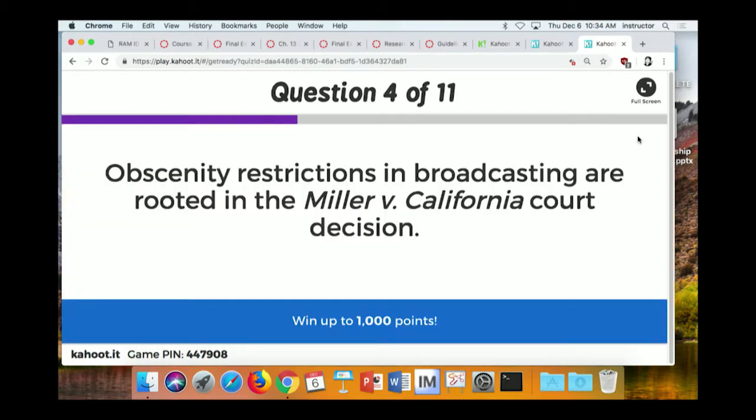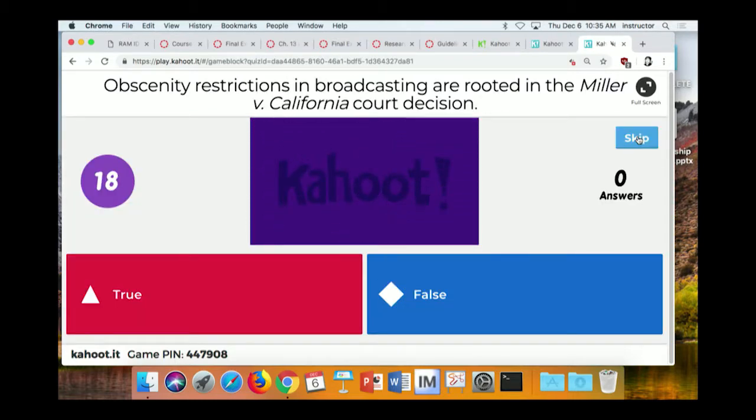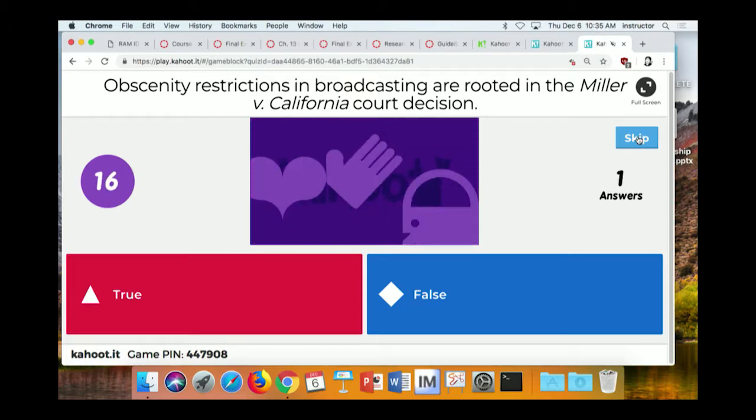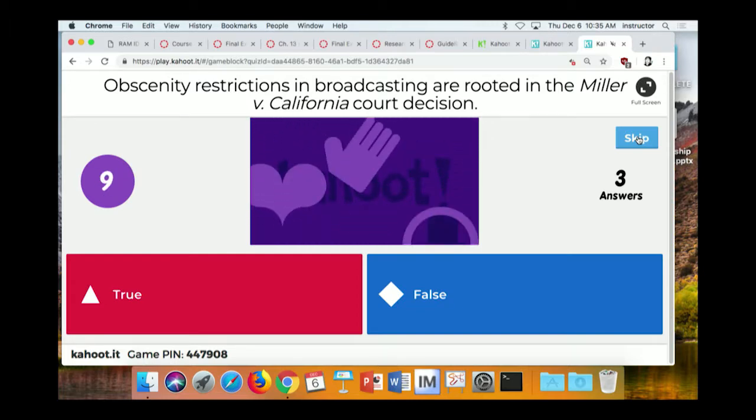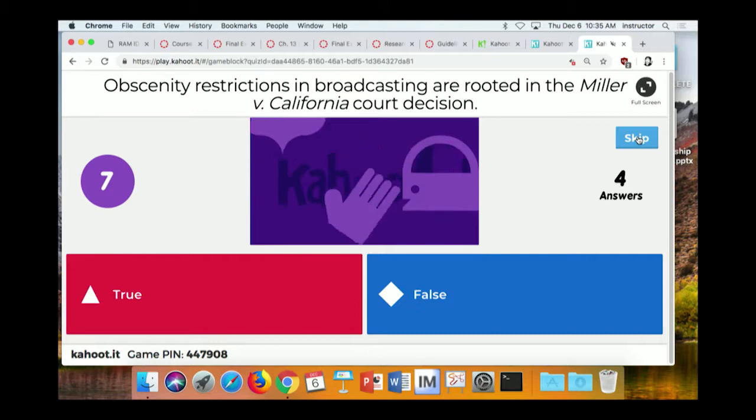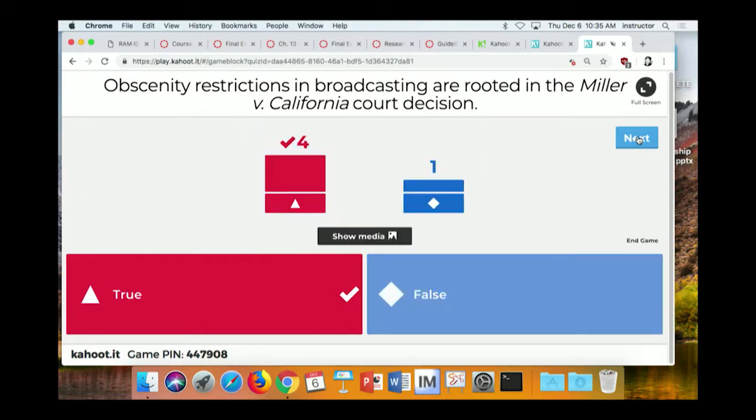Okay. Obscenity restrictions in broadcasting are rooted in the Miller v. California court decision. True or false? Okay, we did pretty well on that, so it is true again. So Miller was a pornographer. California took him to trial, said, hey, you're distributing obscene material.